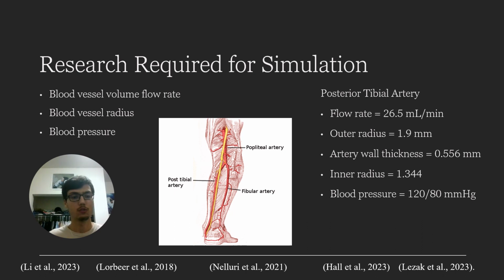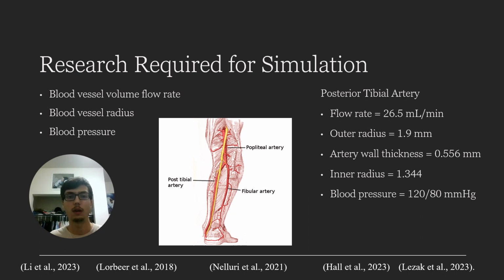Now, the research required for a SolidWorks simulation is important. In order to run the simulation, we need to know the blood vessel volume flow rate, the blood vessel radius, as well as the pressure inside the blood vessel. So for the simulations, we use the posterior tibial artery, which the diagram can be seen there.